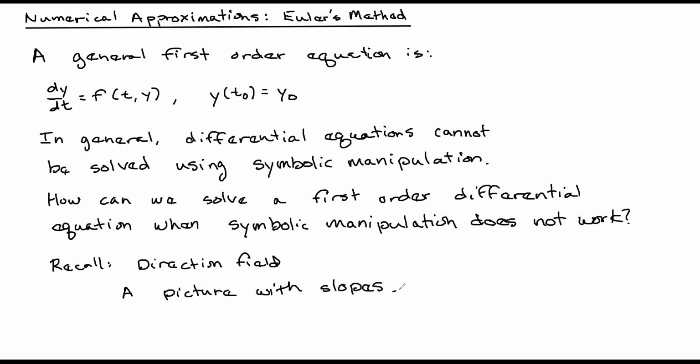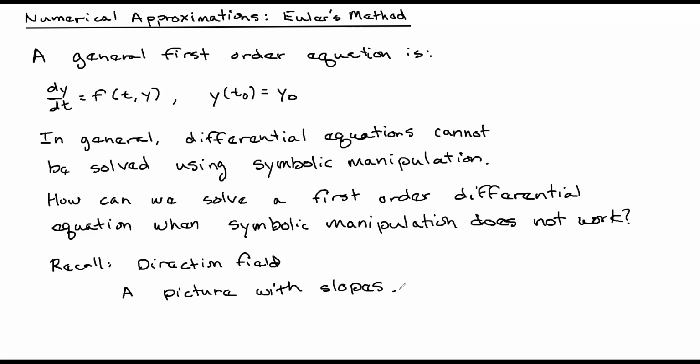We know that any solution to the differential equation has to actually fit up against those slopes. The slope at each point is the slope of the tangent line that you'd get for the curve that went through that point.